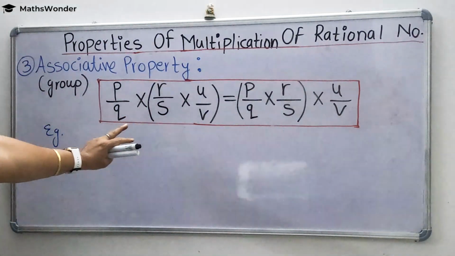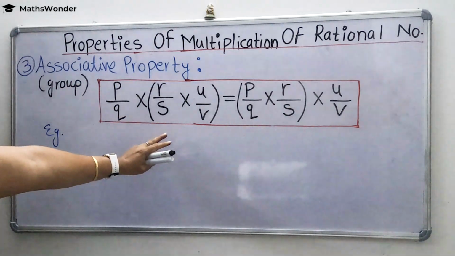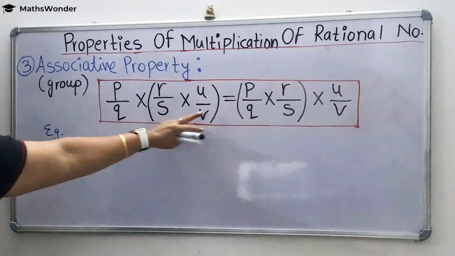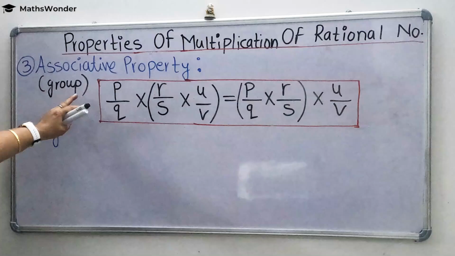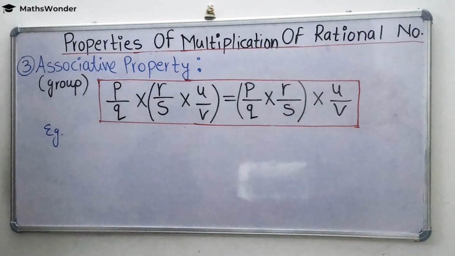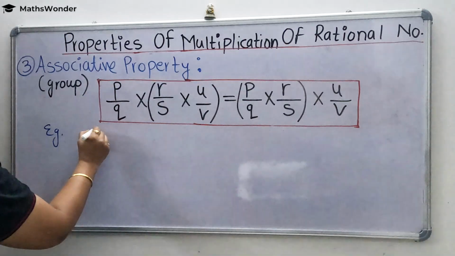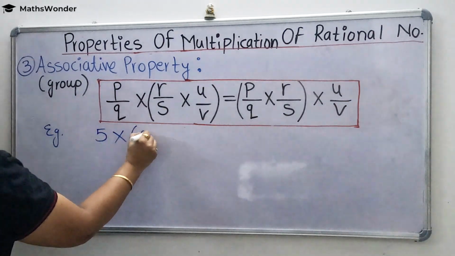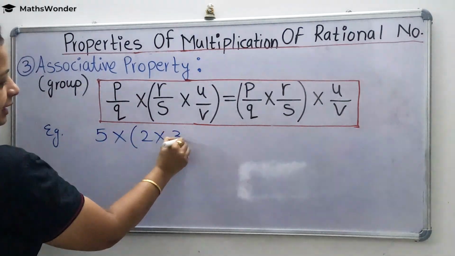So multiplication is associative for rational numbers, right? Because if you make any group of the rational numbers, we'll get the same answer. For example, 5 times 2 times 3.